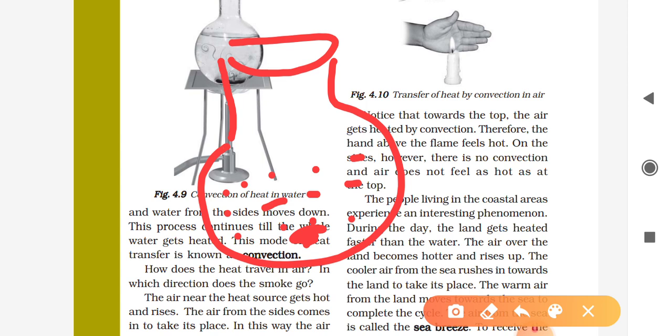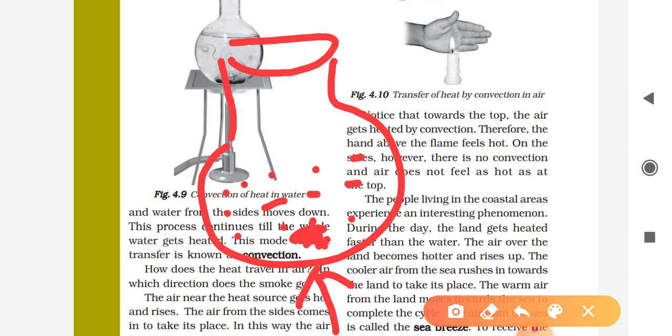So you can understand how the water takes the heat. When you heat this flask, the water present here is colder. Once it gets the heat, the molecules of this water get lighter.